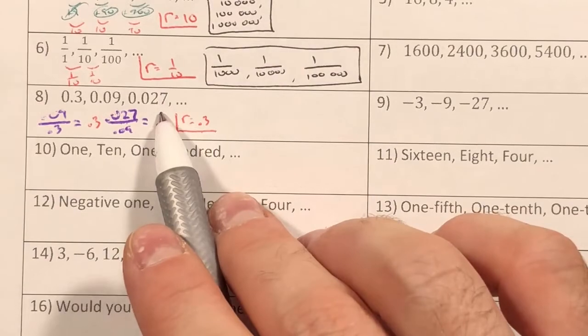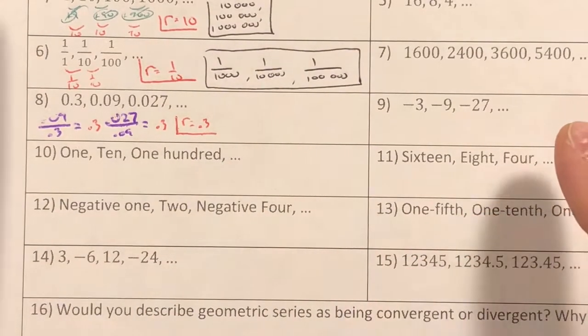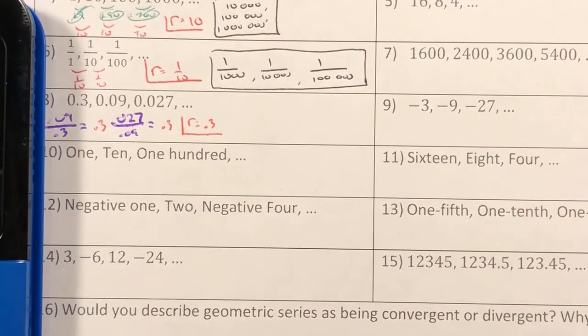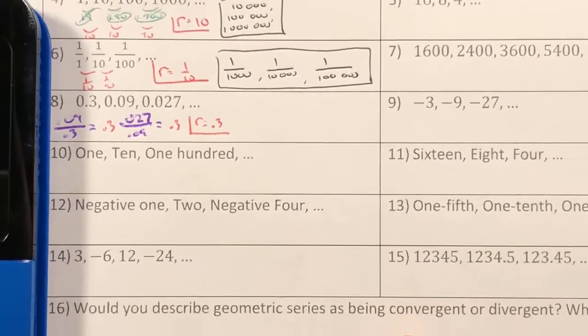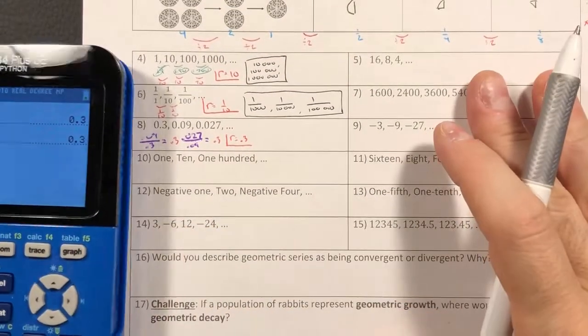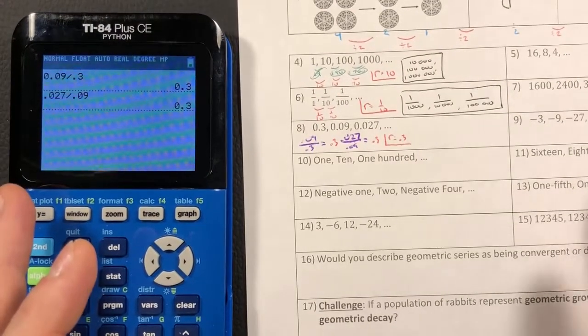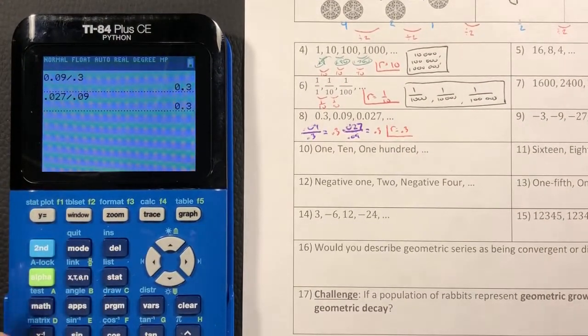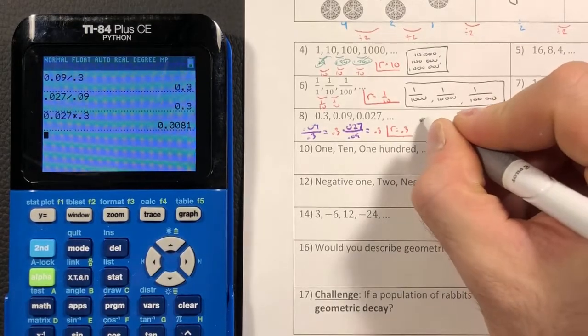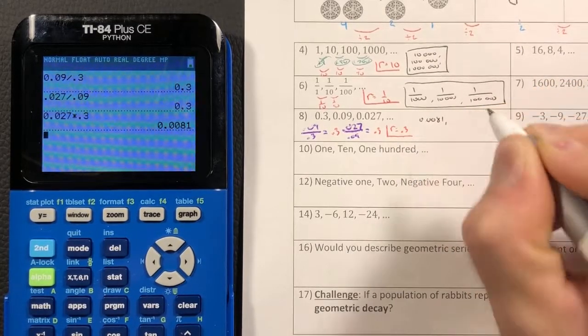So I'm going to take my 0.027 and multiply it times 0.3. Let's bust this out one more time. So I have 0.027 times 0.3, and I get 0.0081.